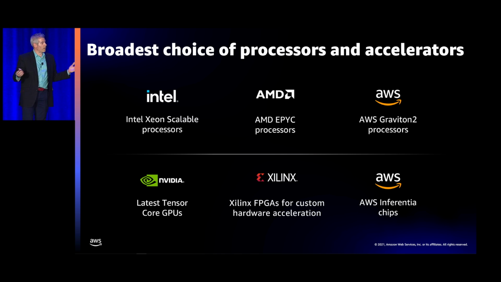So Intel has been with us from the very beginning of EC2. As a matter of fact, they were the first instance that was launched in the M series. And today, frankly, the majority of our instances continue to be powered by the very latest Intel processors. This summer, we started our upgrades to the Ice Lake family, which is the 6th generation of those processors.